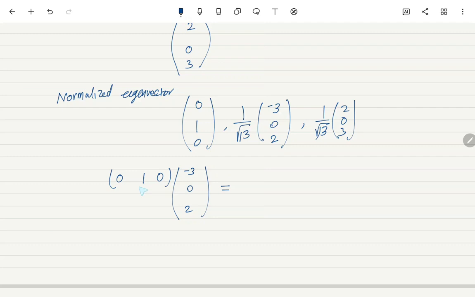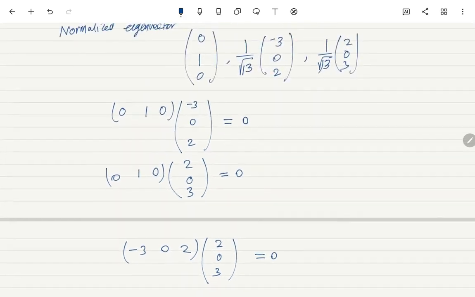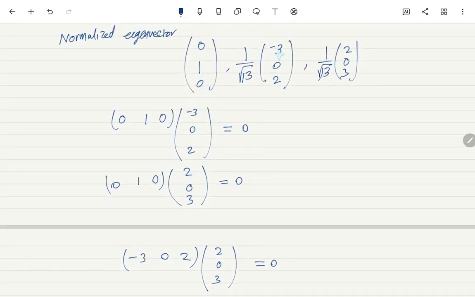If we multiply this with this, the answer is 0, and 0, 1, 0 times 2, 0, 3 is equal to 0 as well, and minus 3, 0, 2 multiplied by 2, 0, 3 is equal to 0. Therefore, the eigenvectors 0, 1, 0, minus 3, 0, 2, and 2, 0, 3 are all orthogonal.